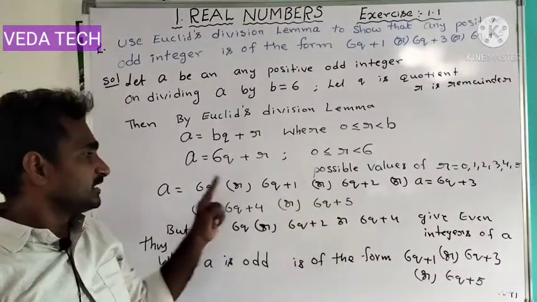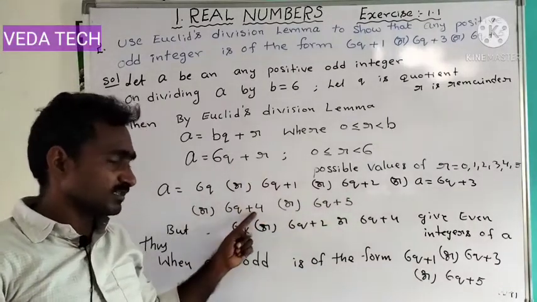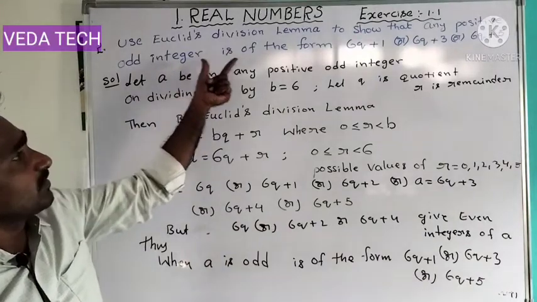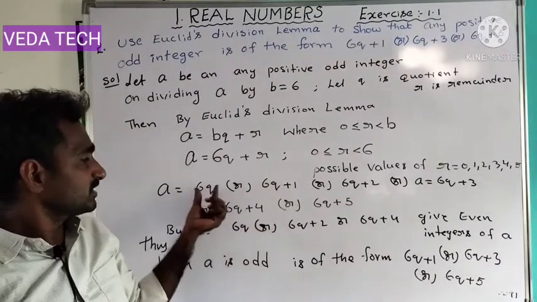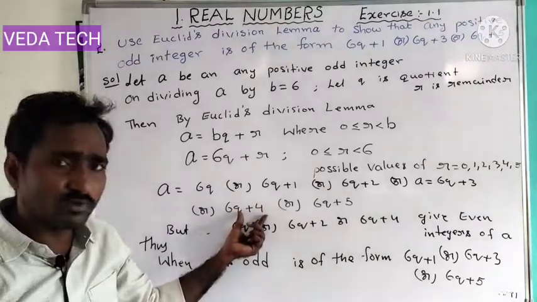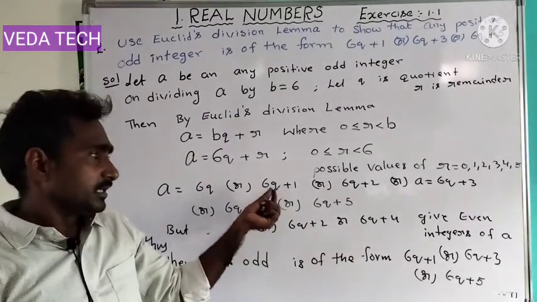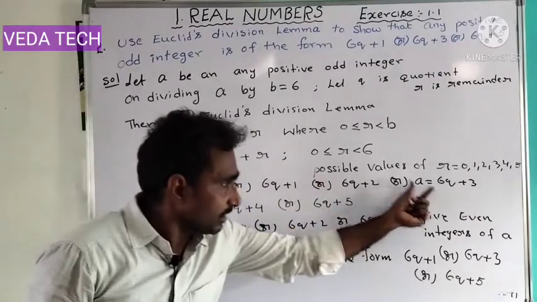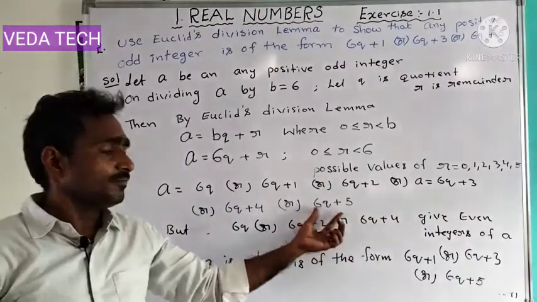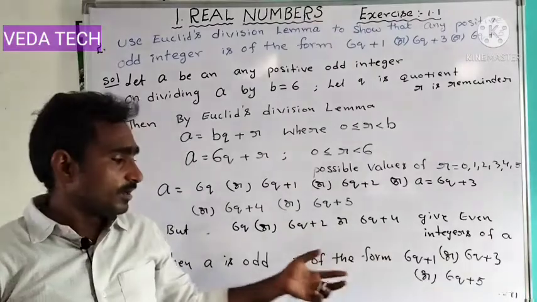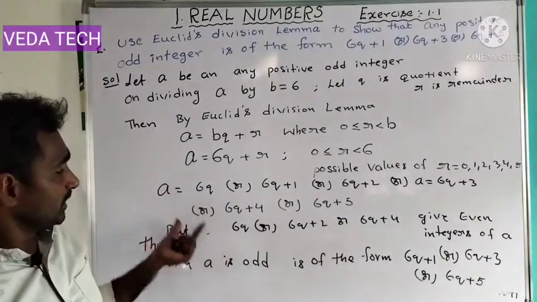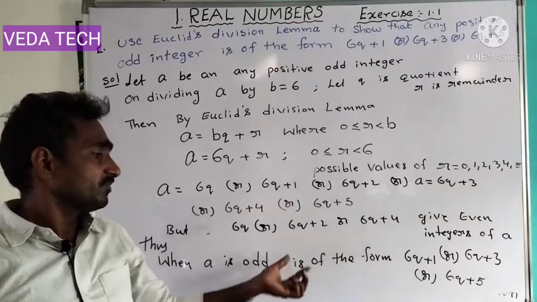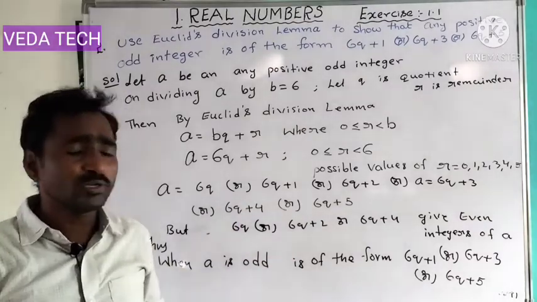But 6q, 6q plus 2 and 6q plus 4 are even integers, so we want odd integers. Therefore the remaining values 6q plus 1, 6q plus 3, 6q plus 5 are odd integers. So when a is odd, it is of the form 6q plus 1 or 6q plus 3 or 6q plus 5.